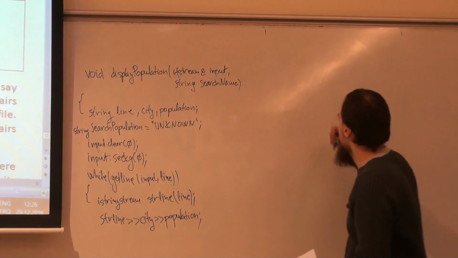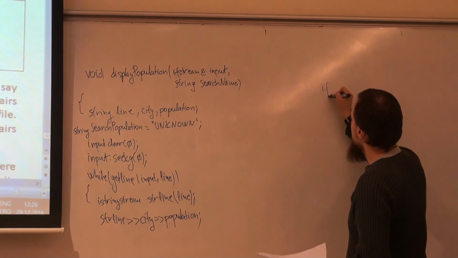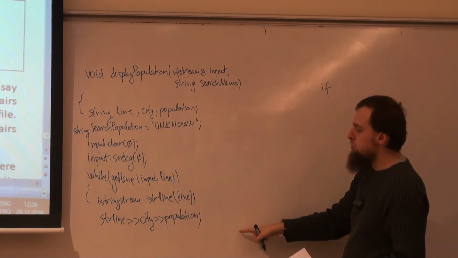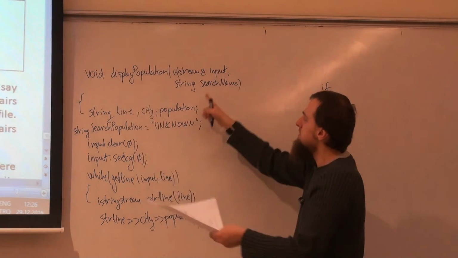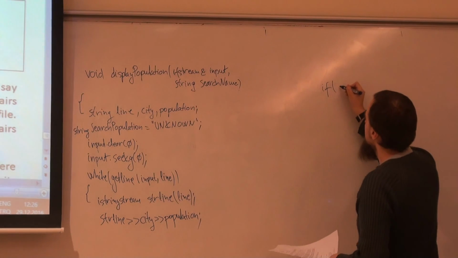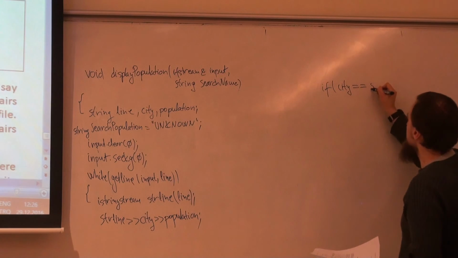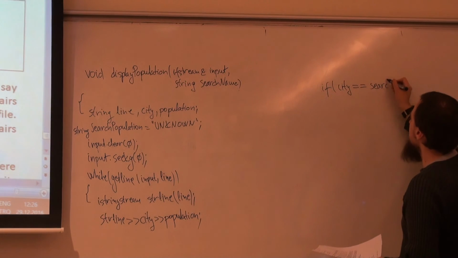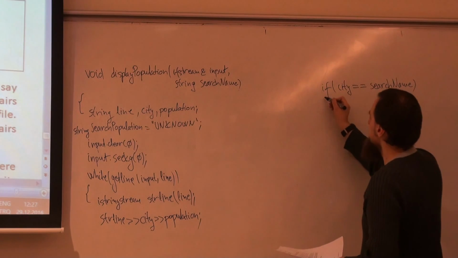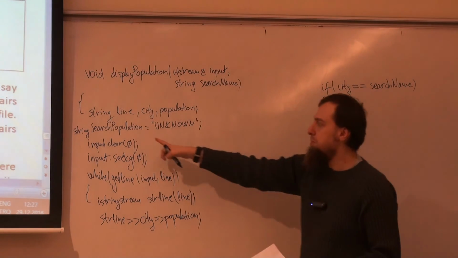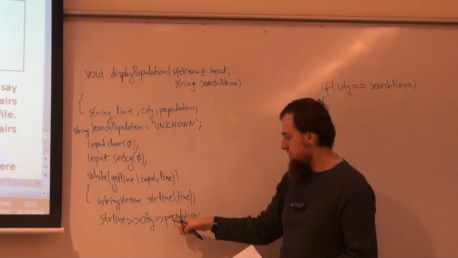Okay, I'm continuing here. Now, I have the city, and I want to check whether the city that I've just read is equal to the search name. So if the city is equal to the search name that I've provided as a parameter, then I have a match. And the search population is not unknown. It's going to be population.